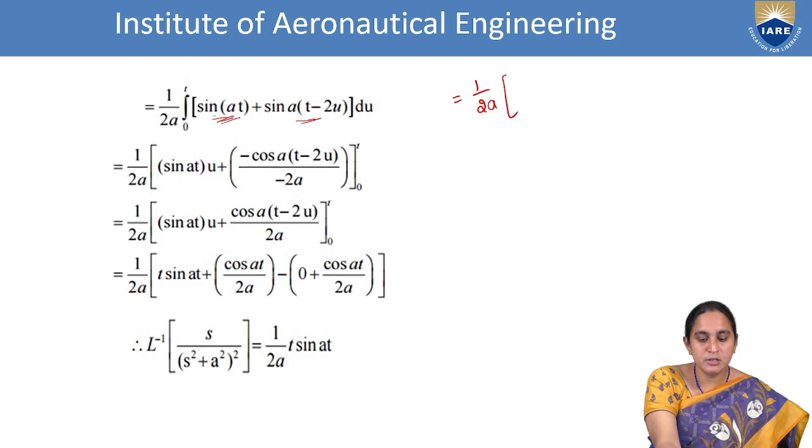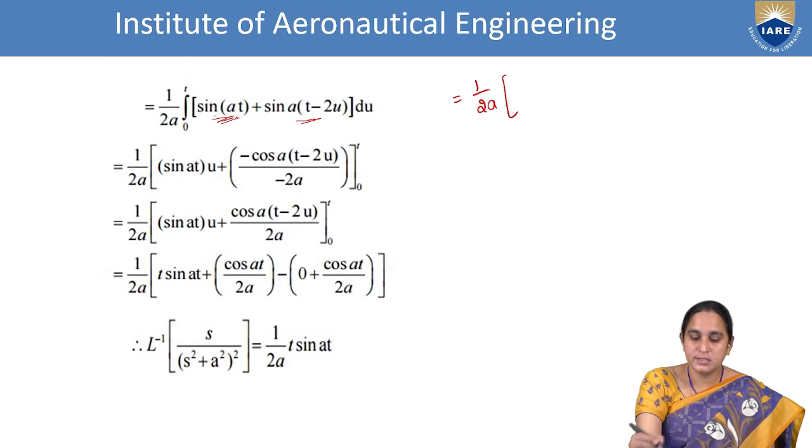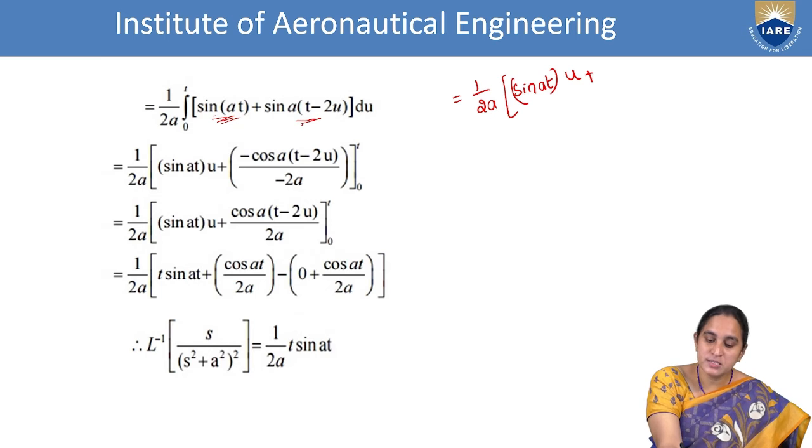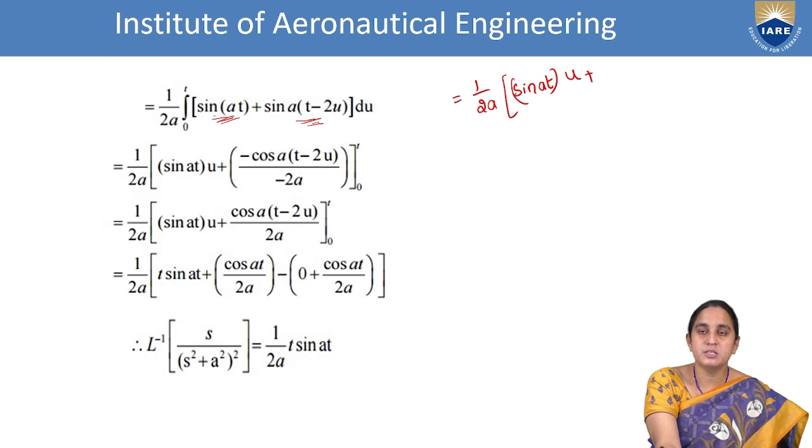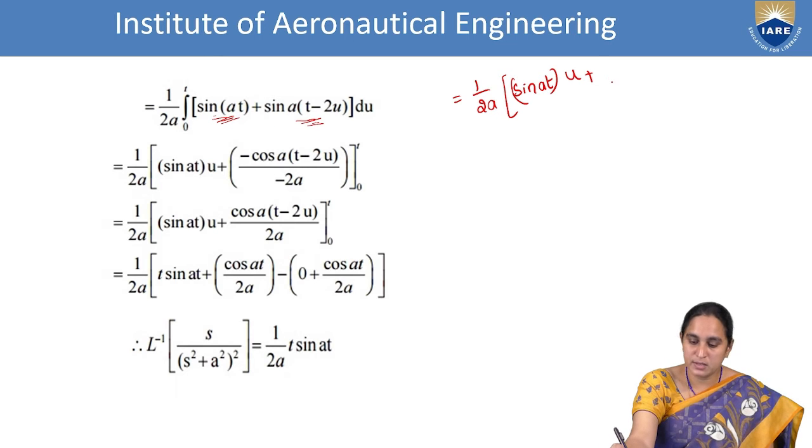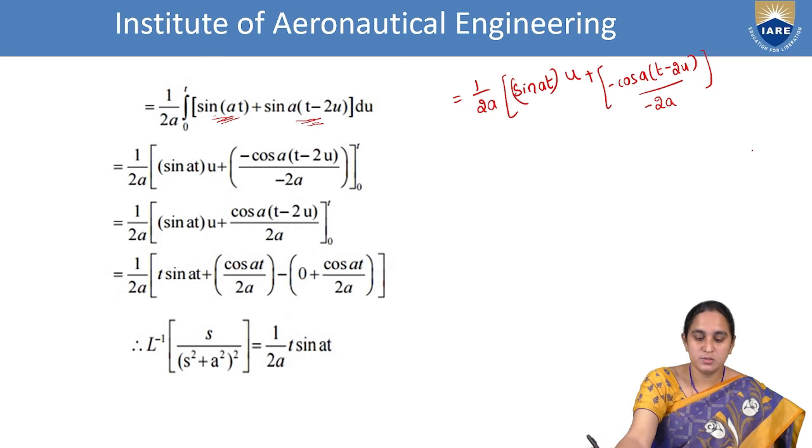No. That's why I'll write it as sin at and one integration as u. Plus, in the second part sin a of t minus 2u du, the u term is there, therefore it is integrable. So the integration of sin a of t minus 2u is minus cos of a into t minus 2u by minus 2a.